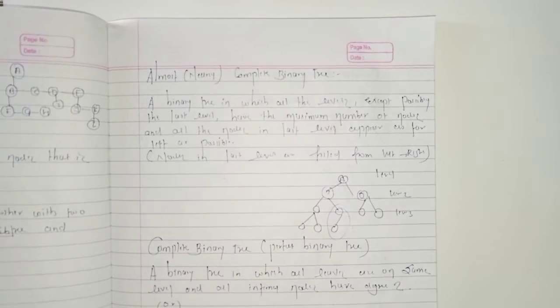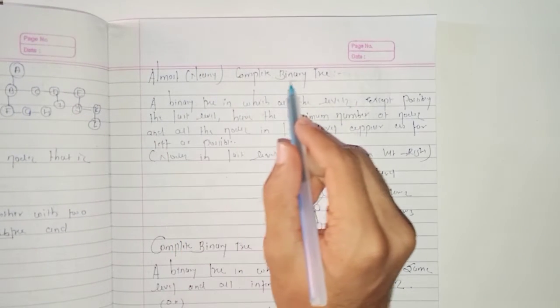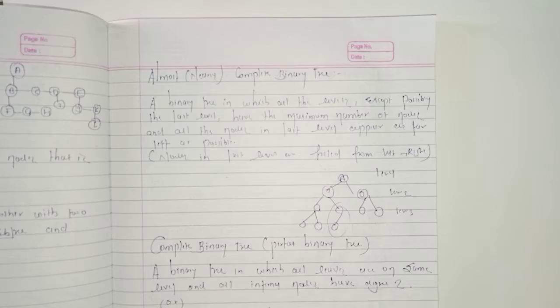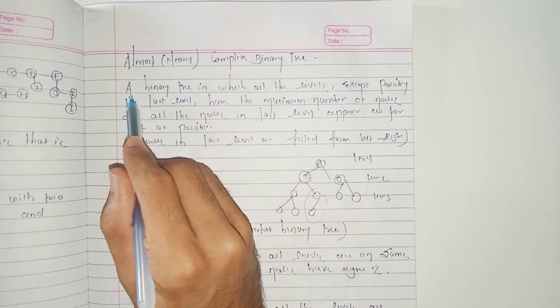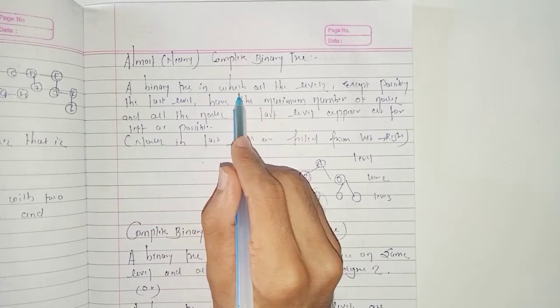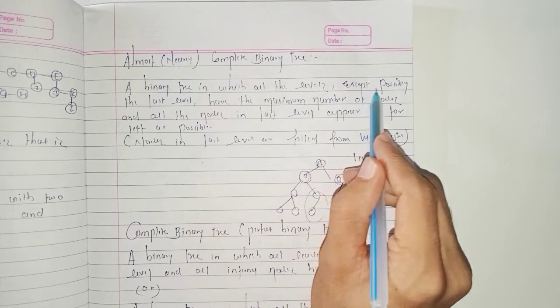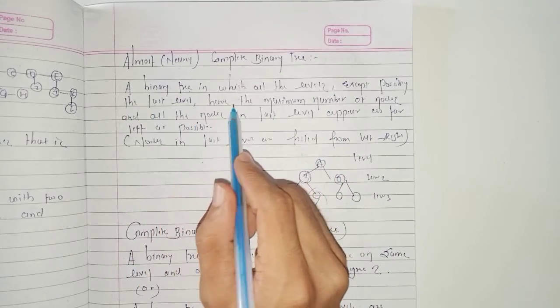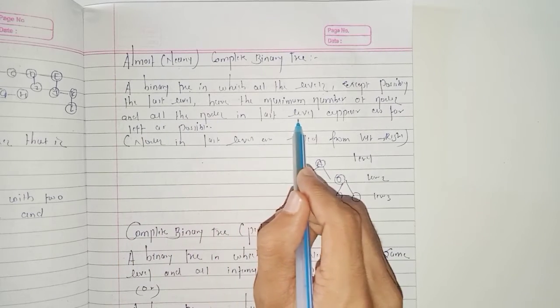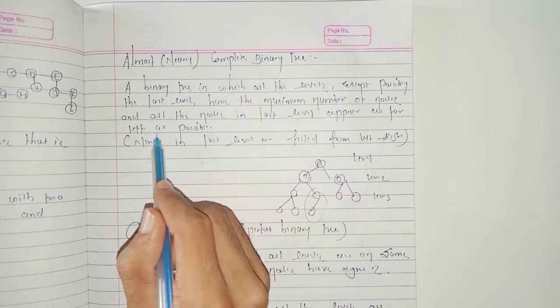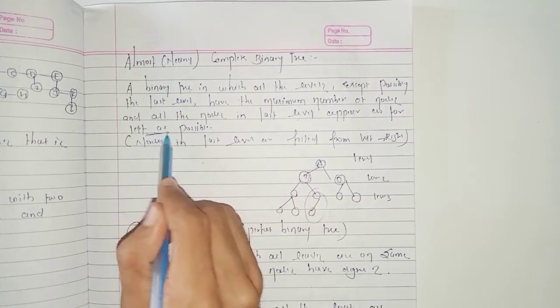Our next one is the almost complete binary tree. So what does it mean? A binary tree in which all the levels except possibly the last level have the maximum number of nodes, and all the nodes in the last level appear from left to right.